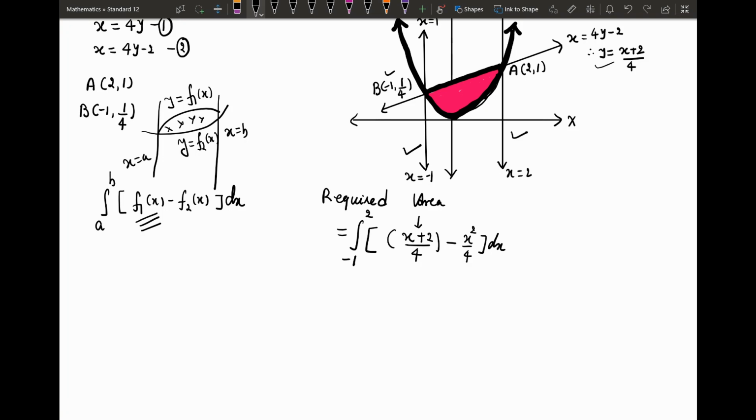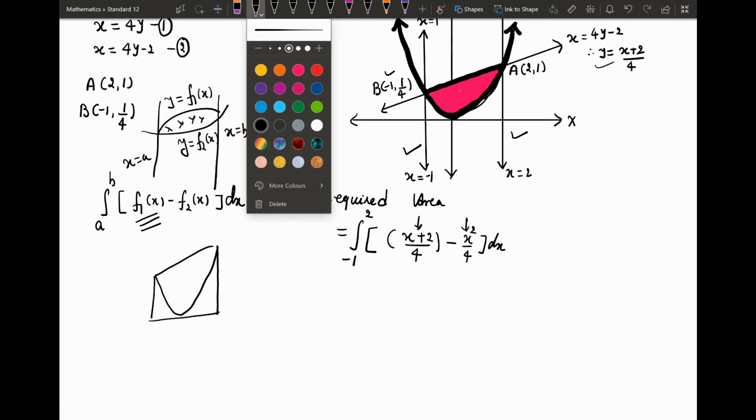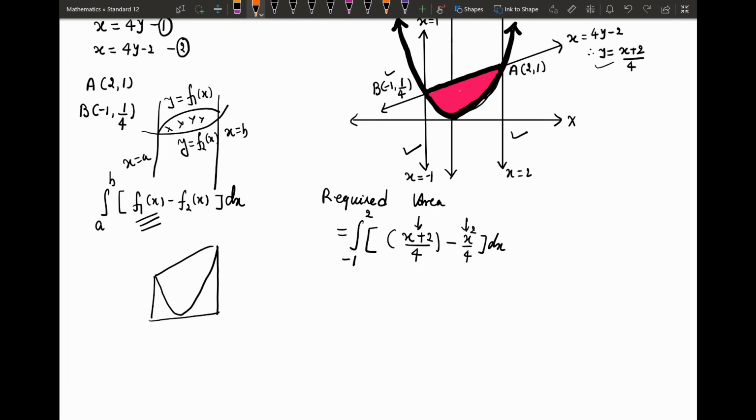So by the first integral we have taken the portion from the straight line, so we will get the entire area, and when we subtract the second, x square by 4, the lower portion area, we will remove this portion. This portion one can remove using the second curve.